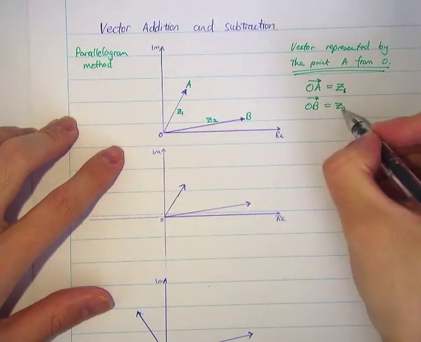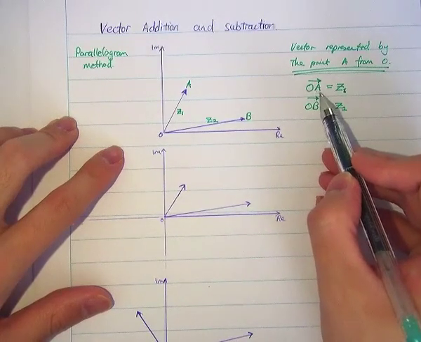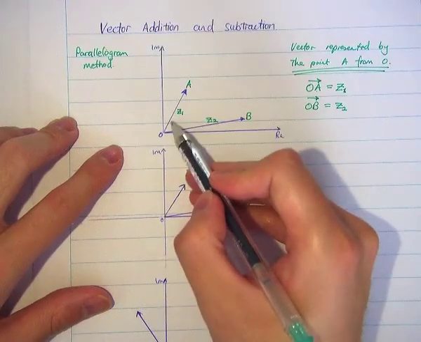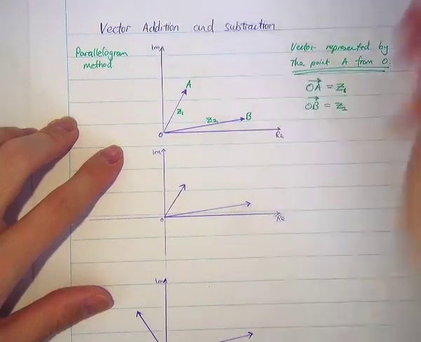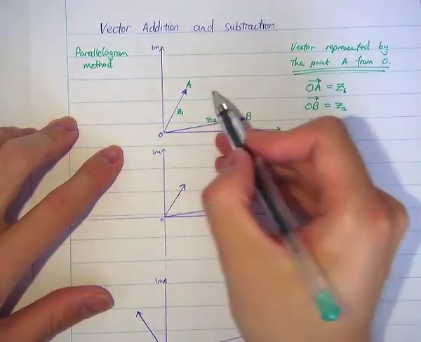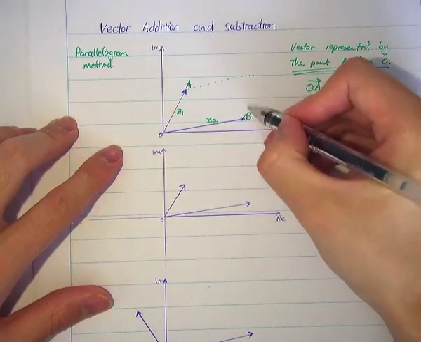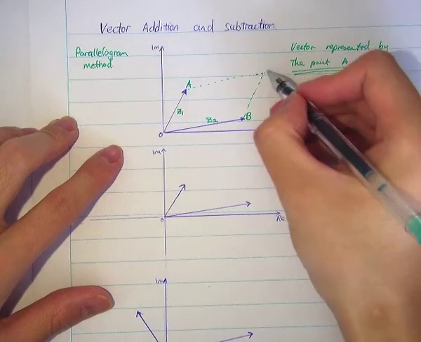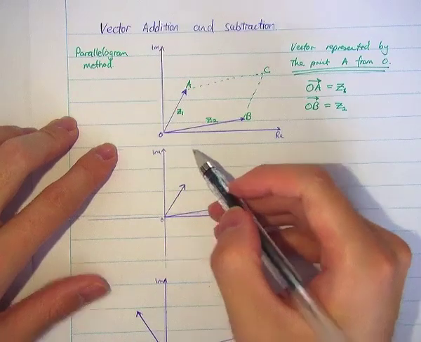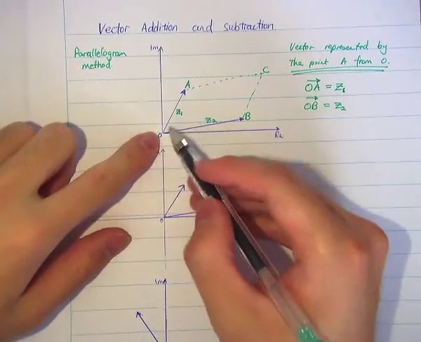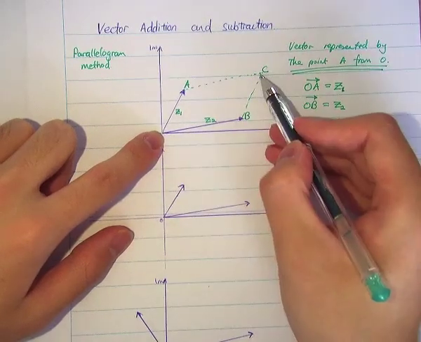As you can see, with OA and OB, the order in which these letters are given is very important because it shows you that you're going in that direction, from O to A and from O to B. In order to find the parallelogram, we look at OA and OB and we attempt to draw a parallelogram from it, like this. And we'll call that point, let's say, C. Now, the sum of these vectors is the one end from the parallelogram where the two vectors began to the other end of the parallelogram.